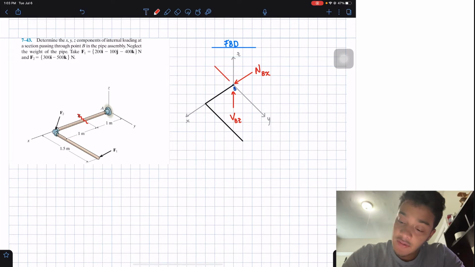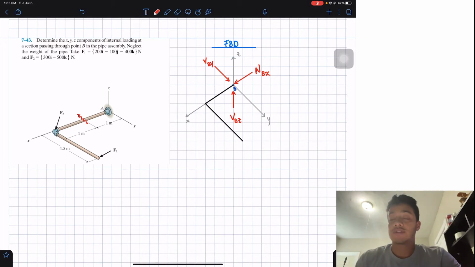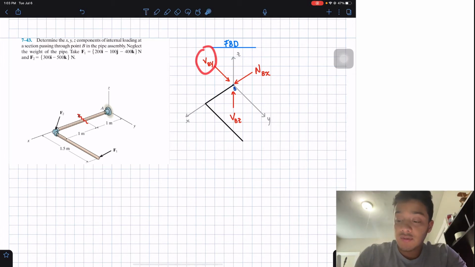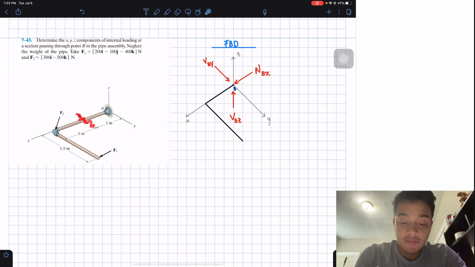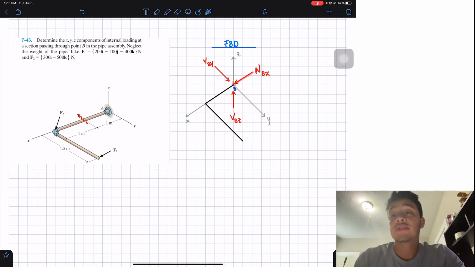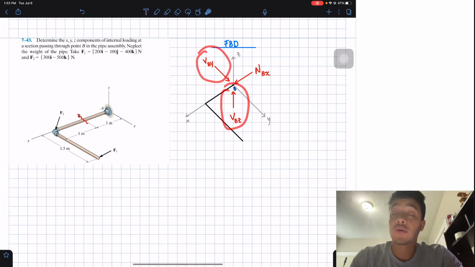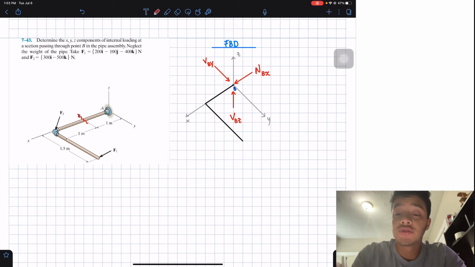We'll also have a force in the y direction that we're going to call shear force B in the y direction. Now, why are these two shear and this other one normal? This is normal because when we cut over here, in my main figure, the area that is left is normal to this force. The other ones are not normal, therefore they're just simple shear.